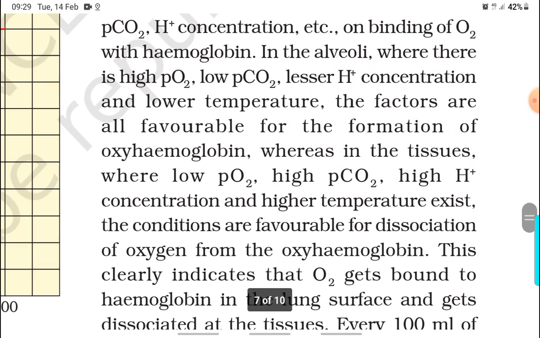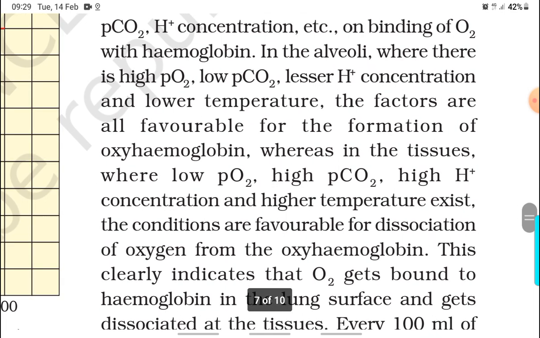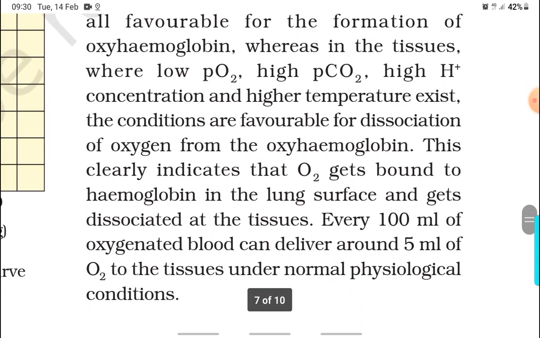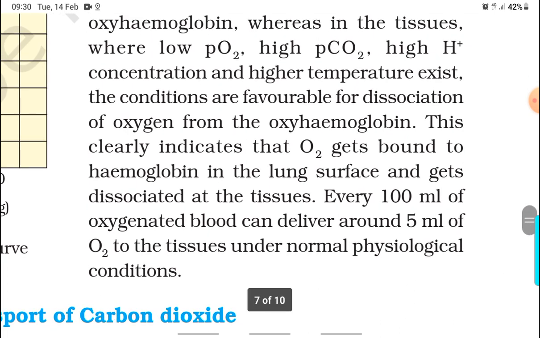In the alveoli, where there is a high partial pressure of oxygen, low partial pressure of carbon dioxide, lesser hydrogen ion concentration and lower temperature, the factors are all favorable for the formation of oxyhemoglobin. Whereas in tissues, where low partial pressure of oxygen, high partial pressure of carbon dioxide, high hydrogen ion concentration and higher temperature exist, the conditions are favorable for dissociation of oxygen from oxyhemoglobin.